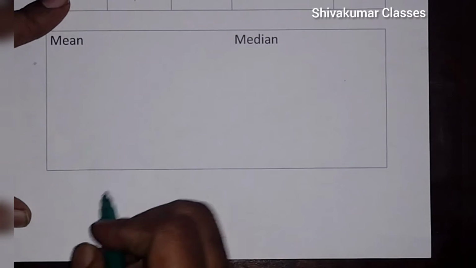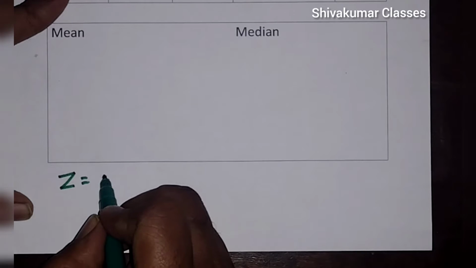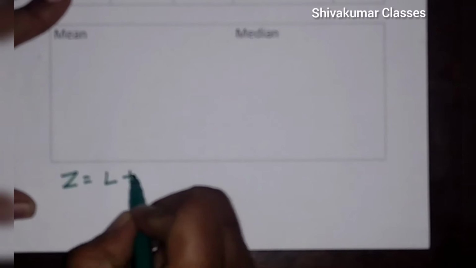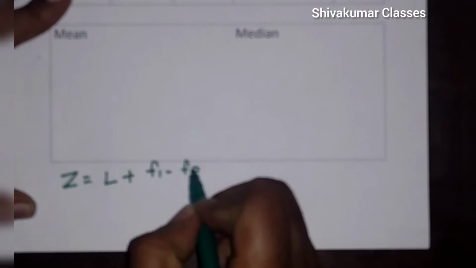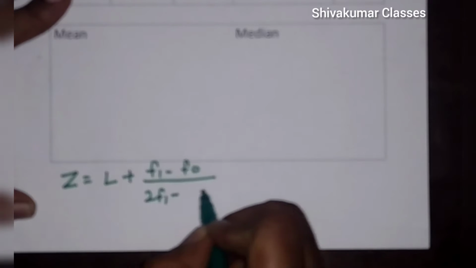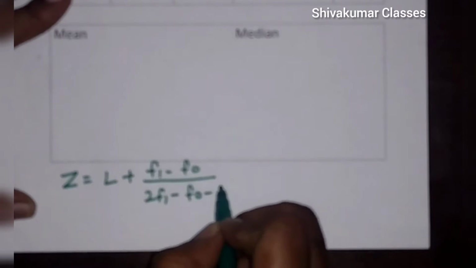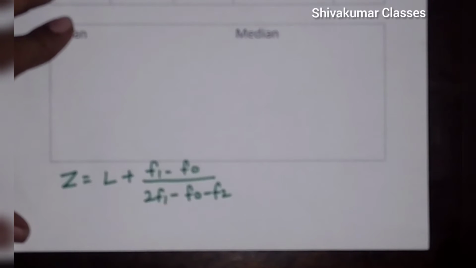The formula for mode is Z equals L plus (F1 minus F0) divided by (2F1 minus F0 minus F2).